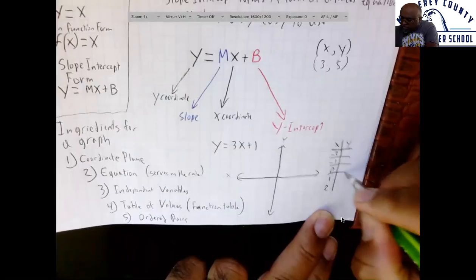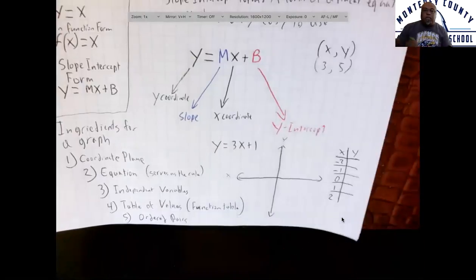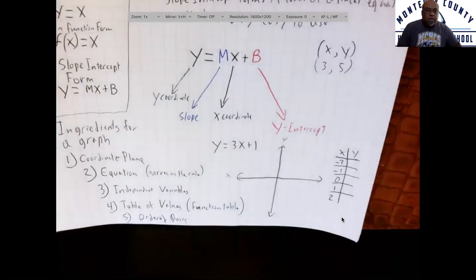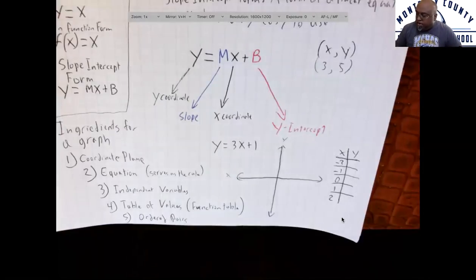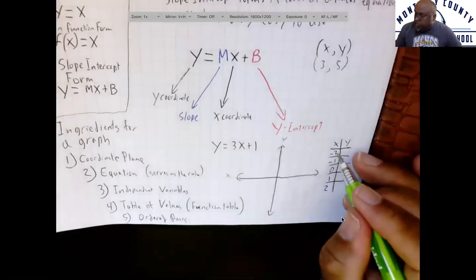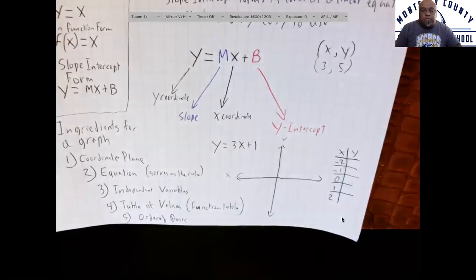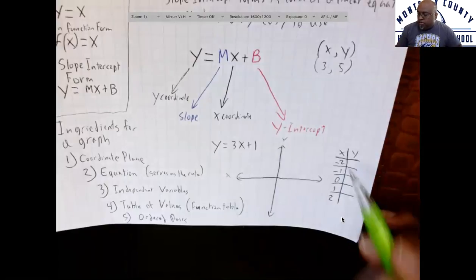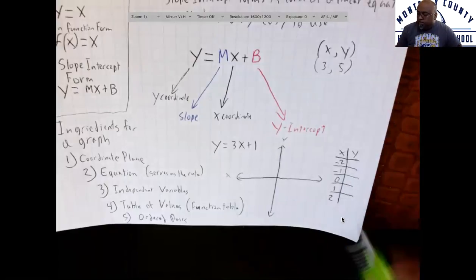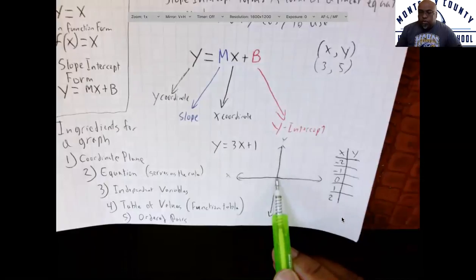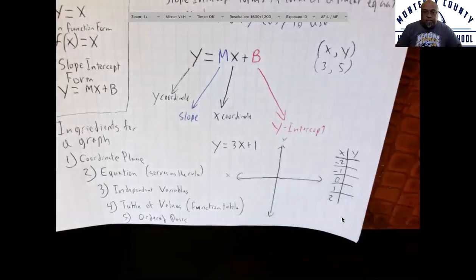Now, I always like to make it clear and make the point of this. You can put any values you want for your x value, but you should probably put convenient values to use because you want to make it easy to graph. So these numbers are all pretty low, so they're all pretty close to the origin point on your graph here, so they should be fairly easy to graph.